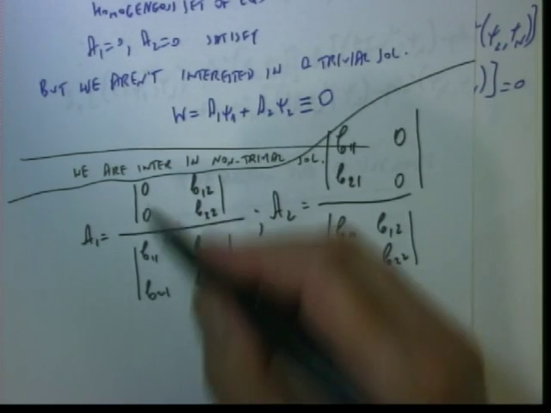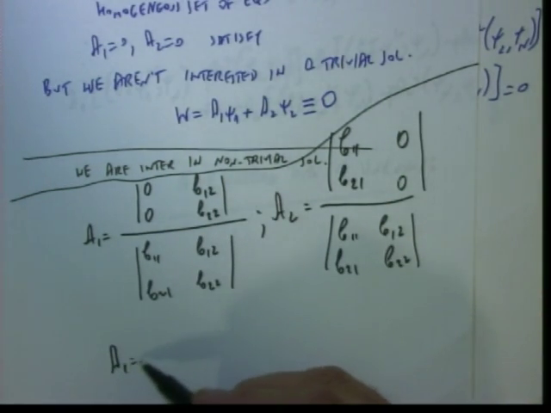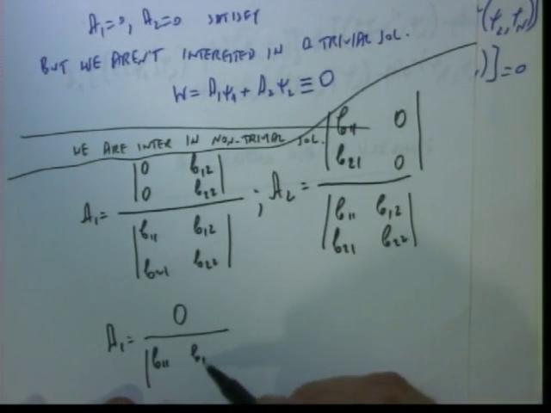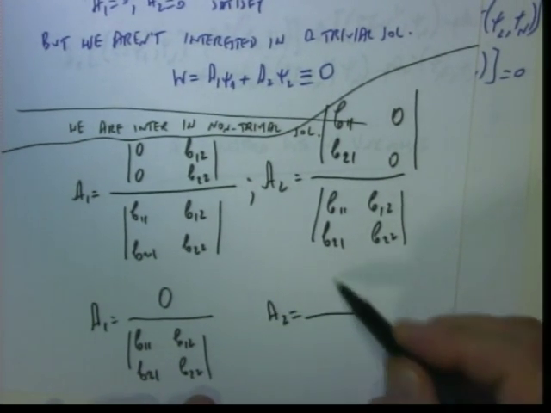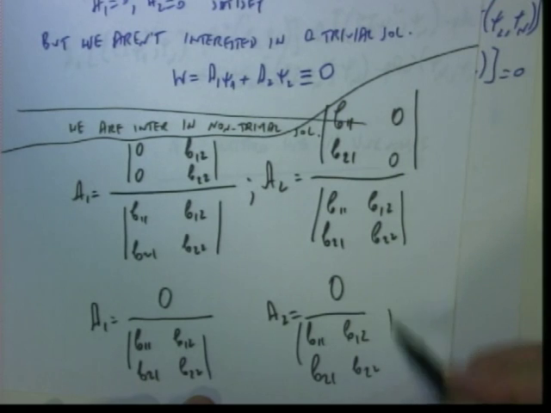But this means that, look, 0 times B22. So A1 equals 0 divided by the determinant, and A2 equals 0 divided by the determinant.